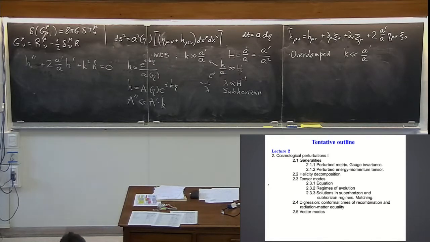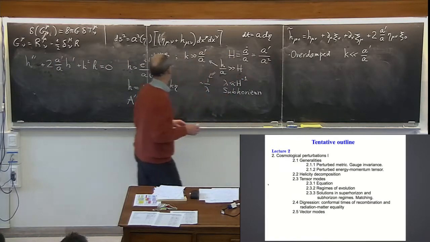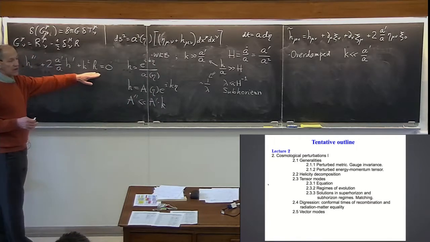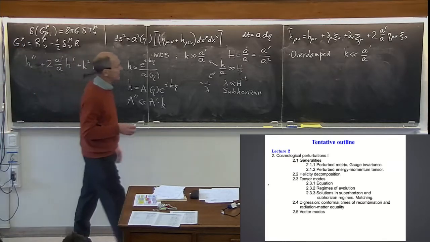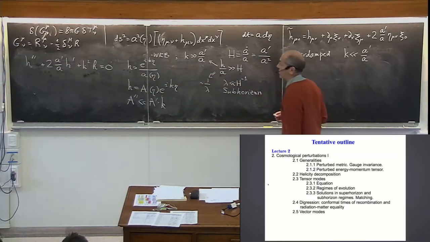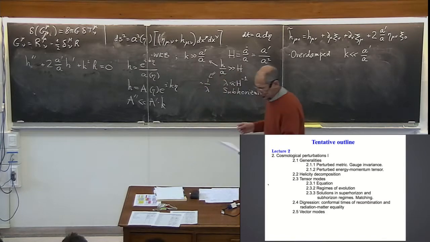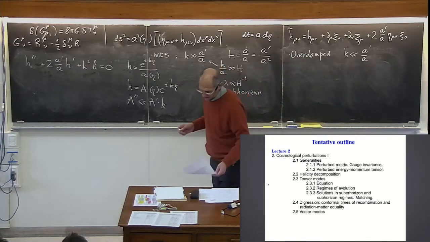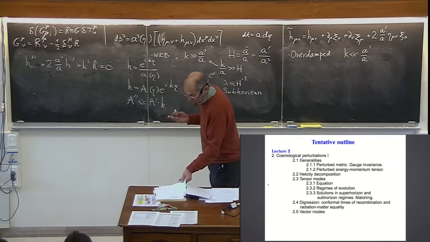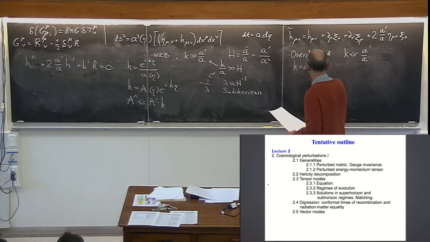Okay. In the overdamped regime, the situation is different. The oscillatory part, this last term, is negligible here. My momentum is small. So there are still two solutions, but one solution is that h is equal to constant in time.